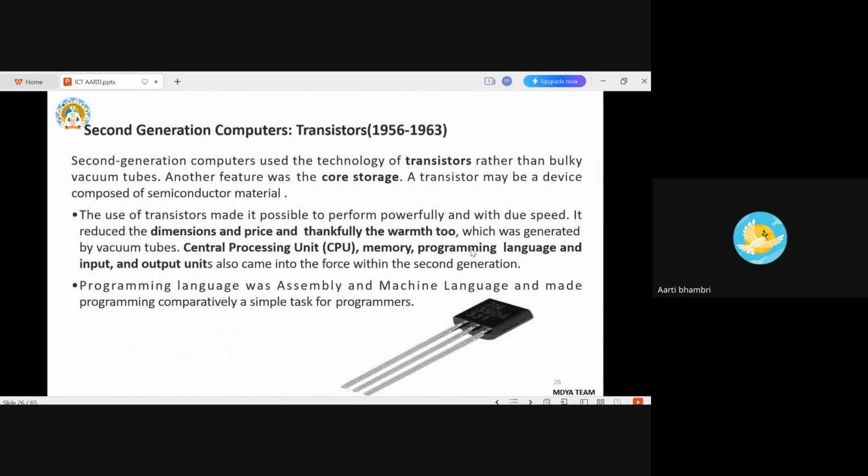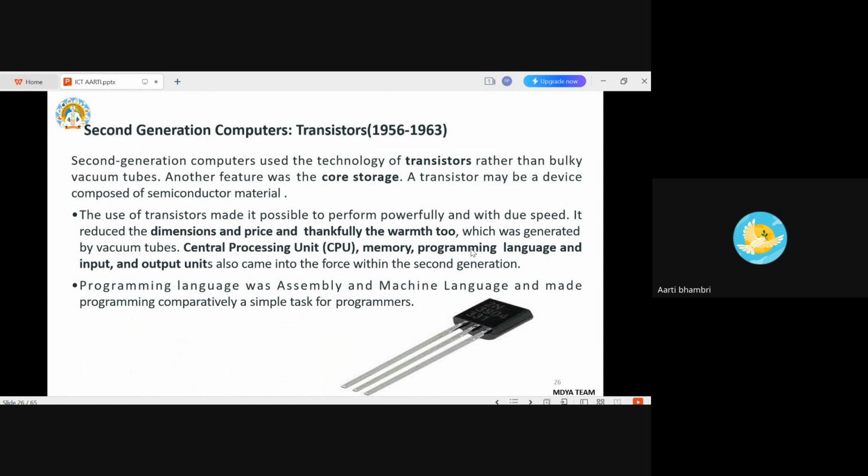Now, the second generation computer uses transistors. This is the diagram of the transistor. The technology of the transistor was used rather than bulky vacuum tubes. Another feature was core storage, and the storage capacity also increased.